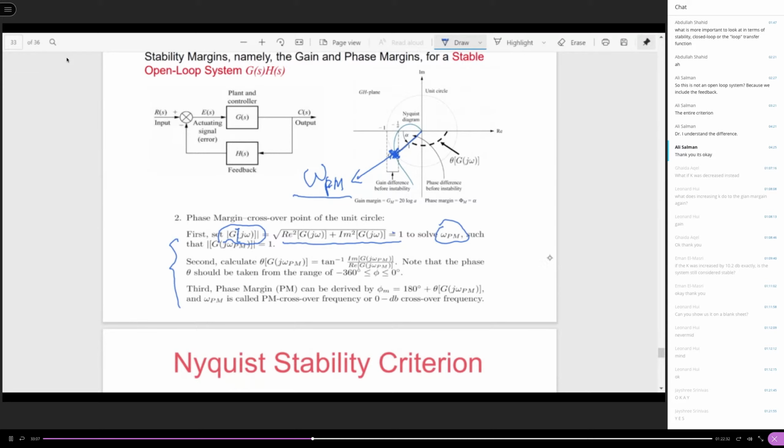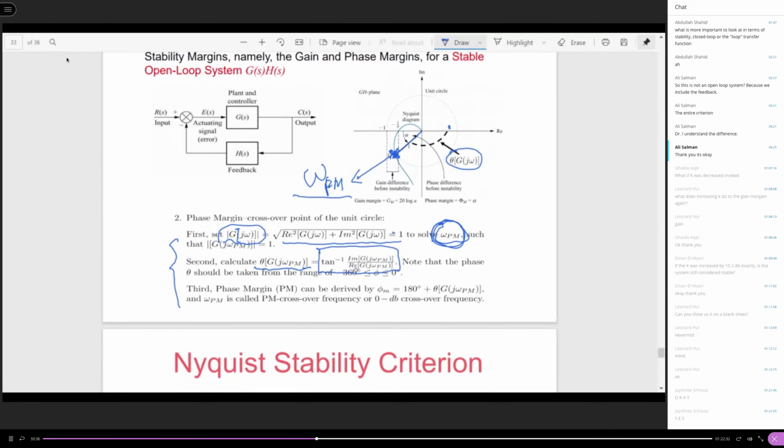Now, once you find that, then what? Then you need to calculate its phase right at this frequency. How to calculate this? In the second step, this phase is equal to the arctangent of the imaginary part of G(jω) over the real part.